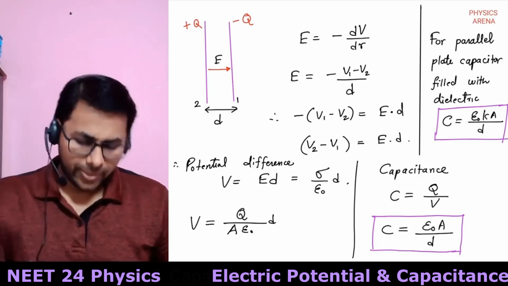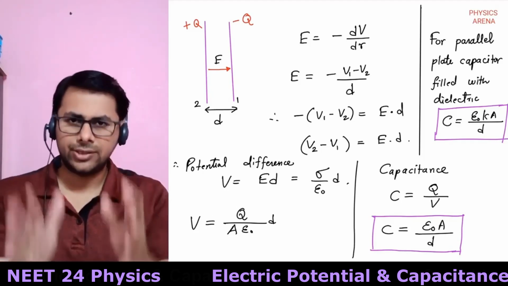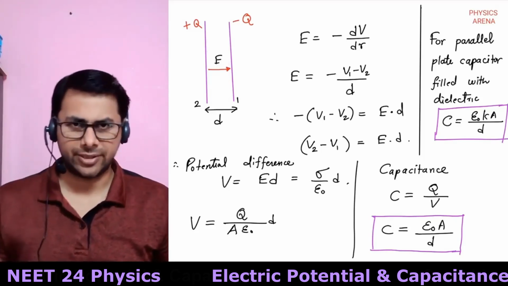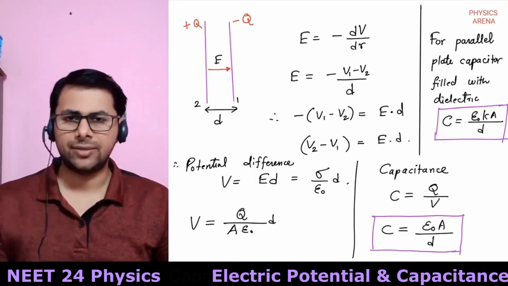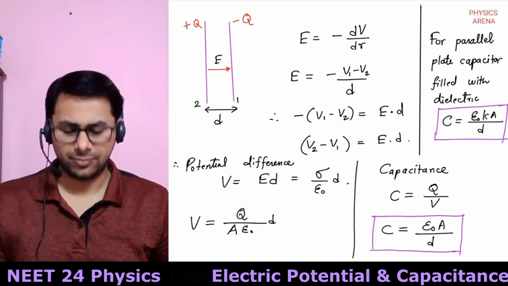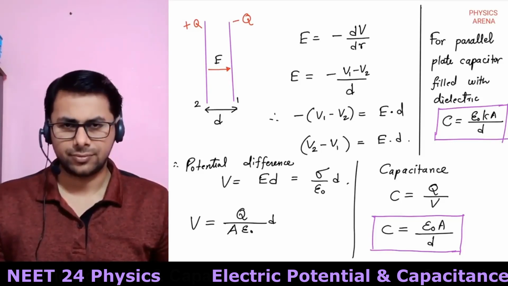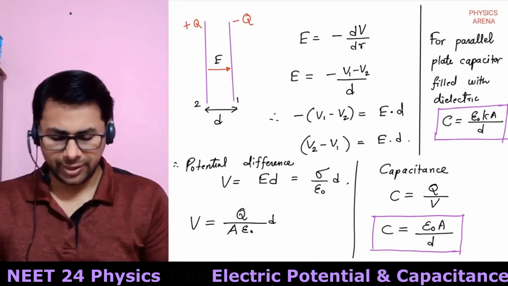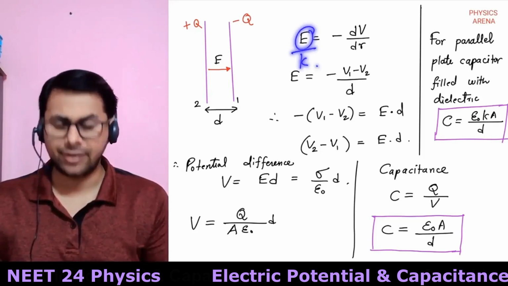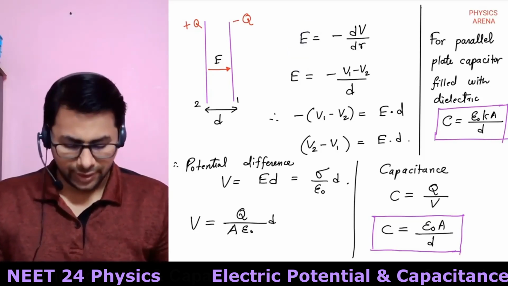Now suppose you insert some dielectric between the two plates of a capacitor. So what happens to the electric field? It will be the original electric field divided by K, right?